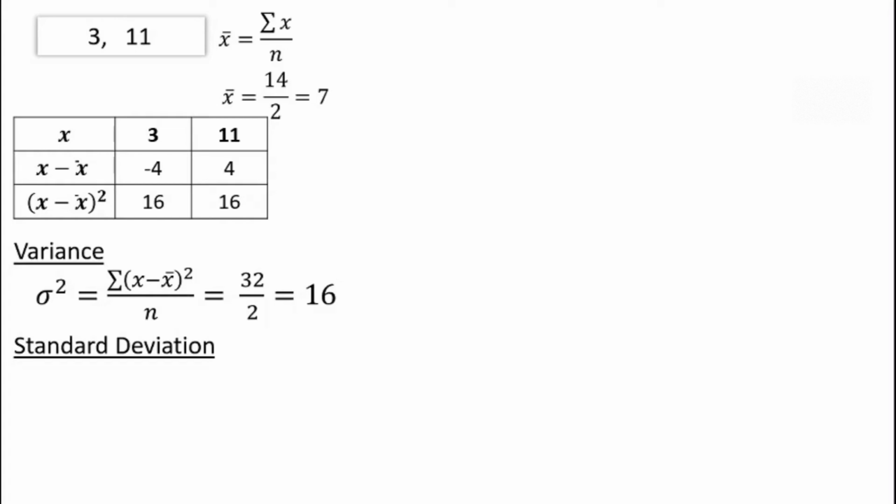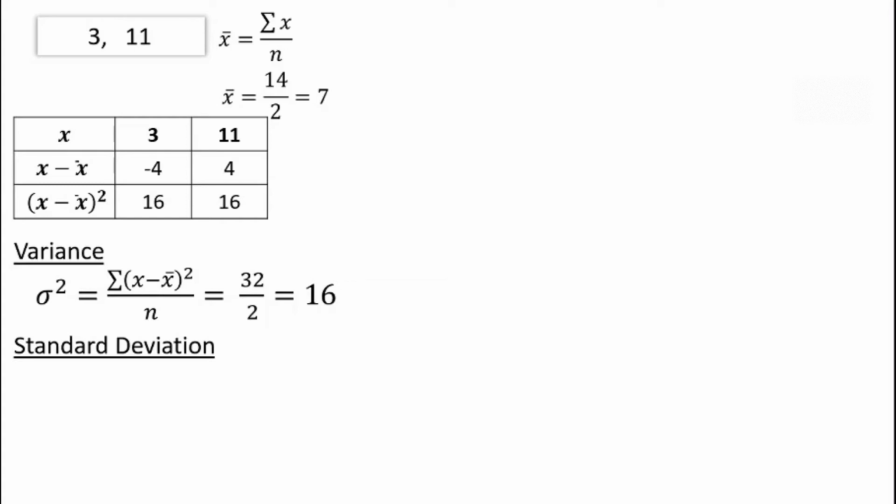The only problem we have here though with the variance is that it's not actually the same units as the original data. We've squared all of those values, so these are squared units. And sometimes a squared unit wouldn't particularly make sense. If this was £3 and £11, well now the variance is £16 squared.